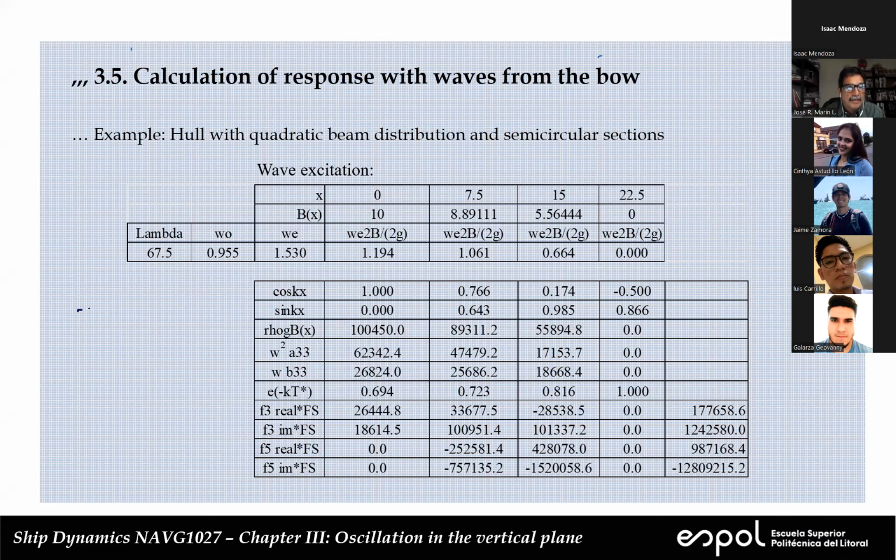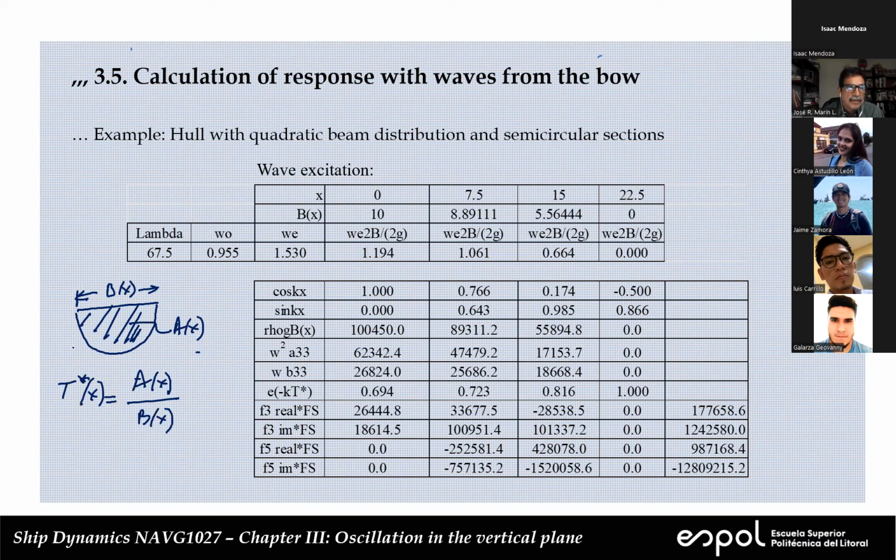This is B, which depends on X, so we know the area. Once you have the area, the most common way to define T star is equal to the area divided by the beam.